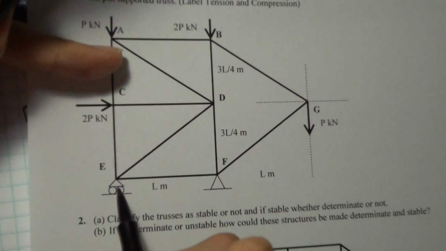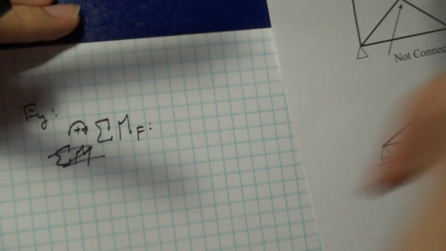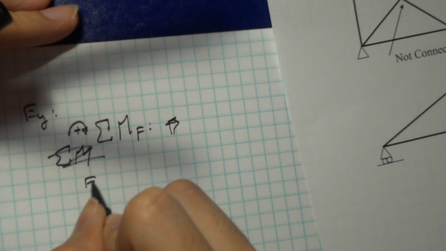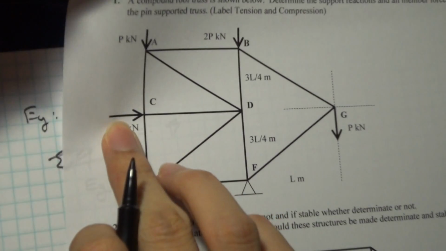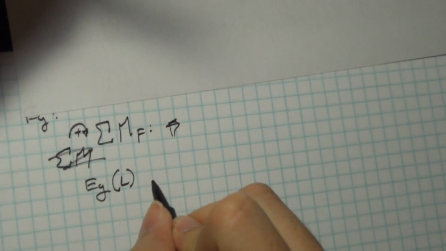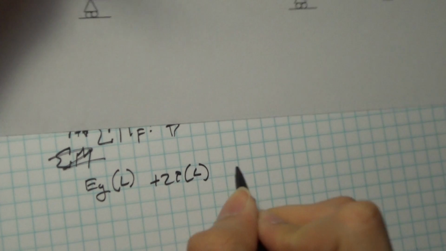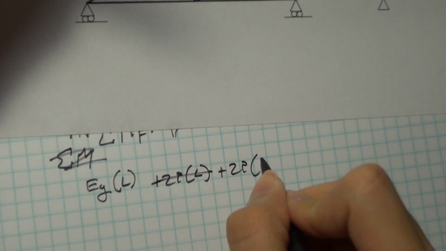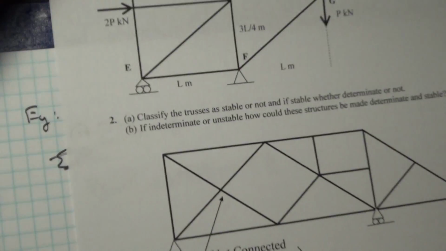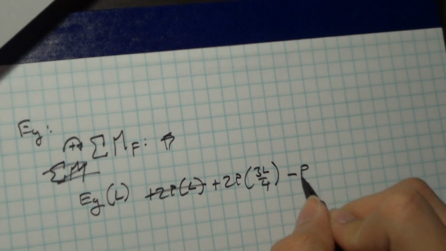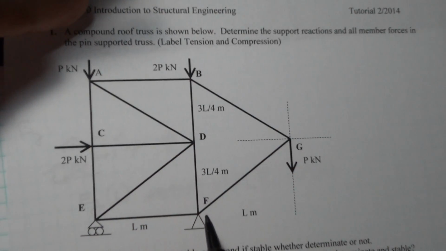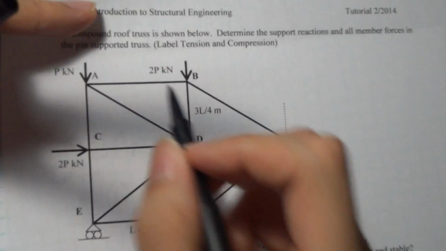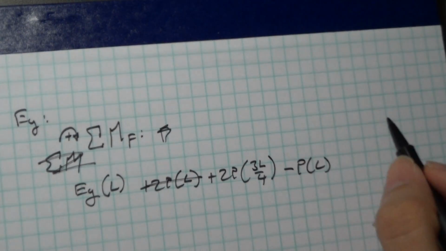For E, I only have force in the y direction, so I do Ey times L. Then I have this 2 kilonewton force acting in the clockwise direction, so I have 2P times 3L on 4. I have this P, which is acting downwards at some distance L, so I have minus P times L. This force 2P is in line with F, so essentially this is 2P times 0, and I can practically ignore this one.